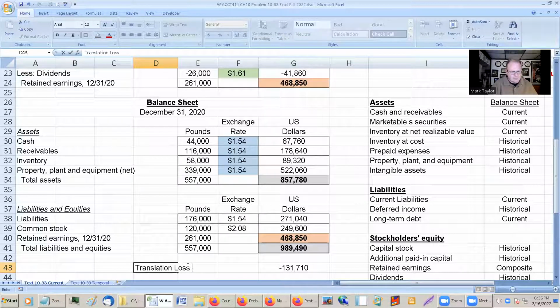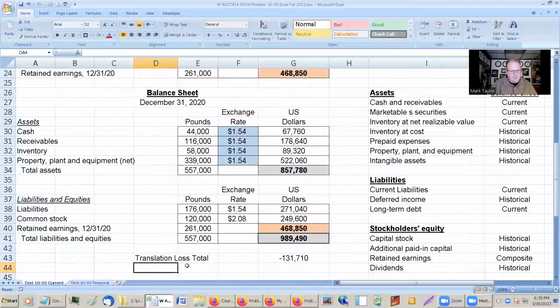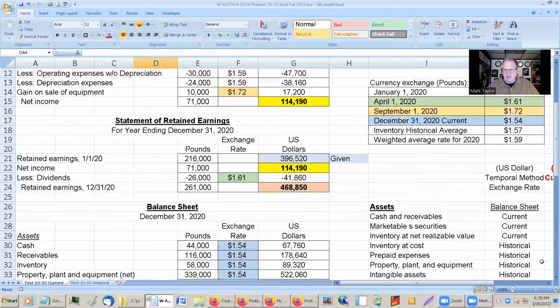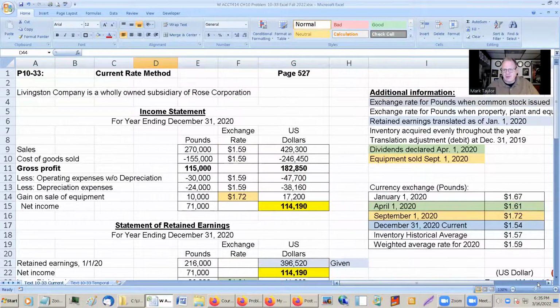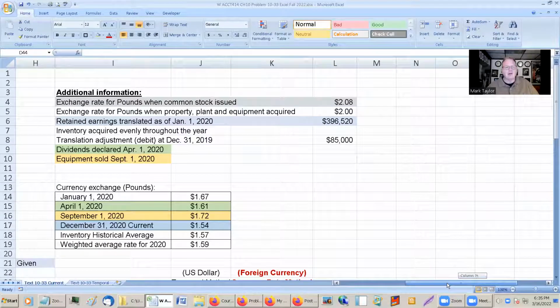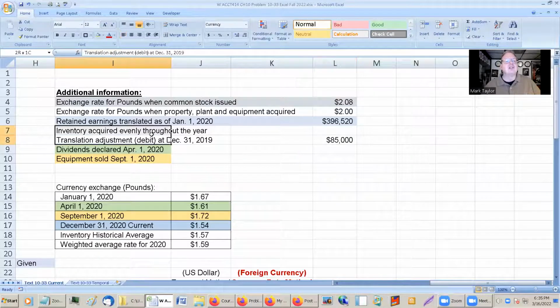Okay, now they do tell us something up here, though. Translation adjustment debit.